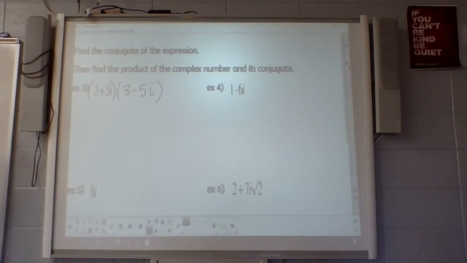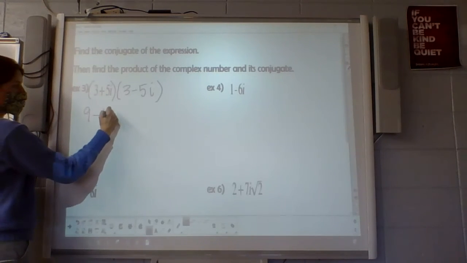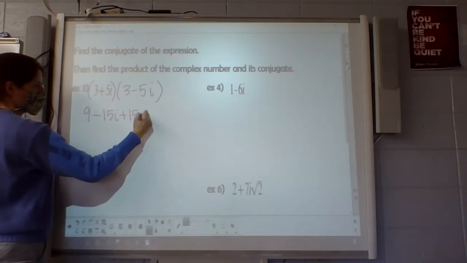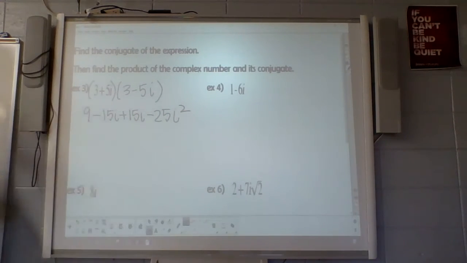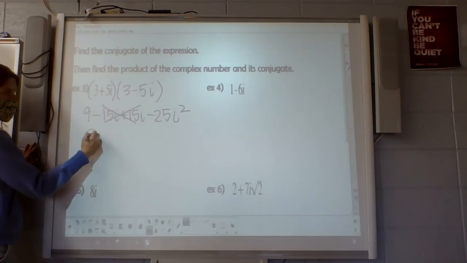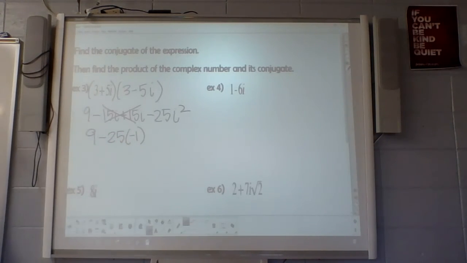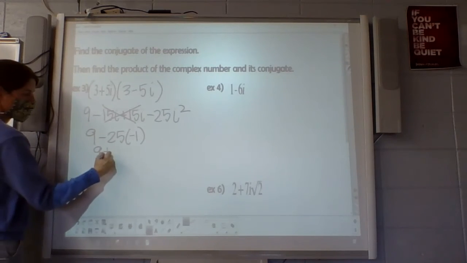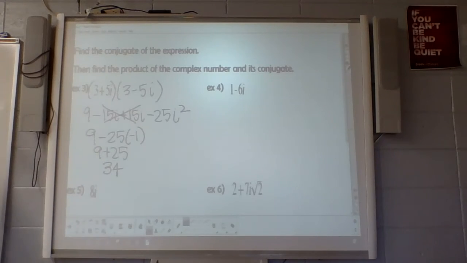And they want us to multiply it and find that value. If we find the correct conjugate, we should be able to get rid of the i altogether. So it's either 34 or 74, depending on that.